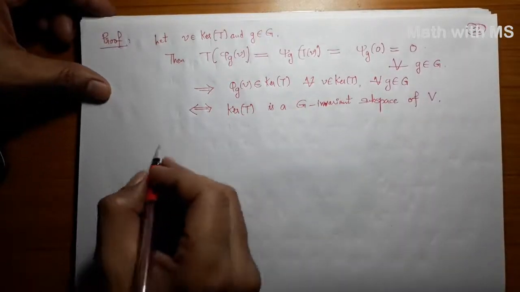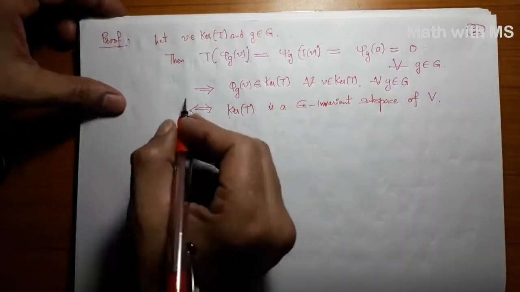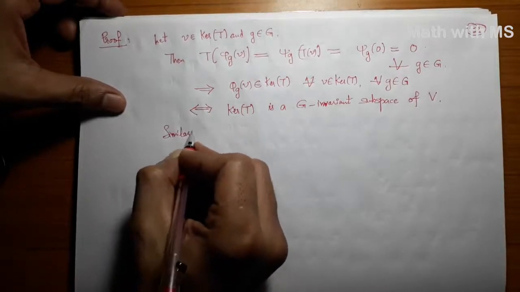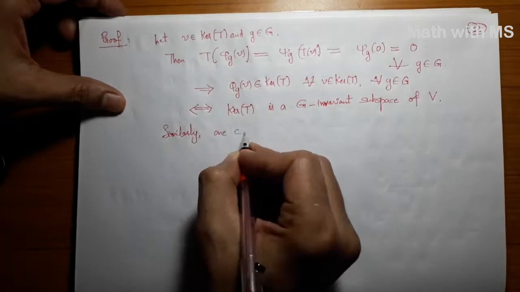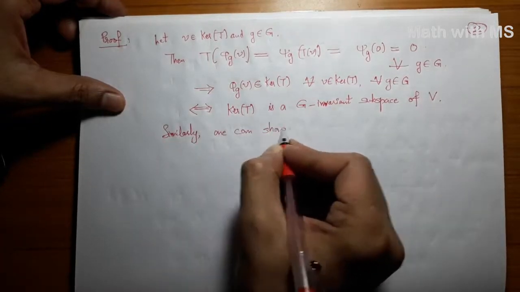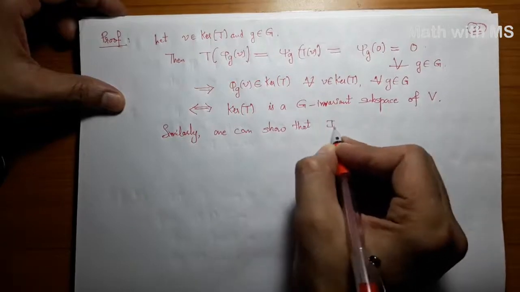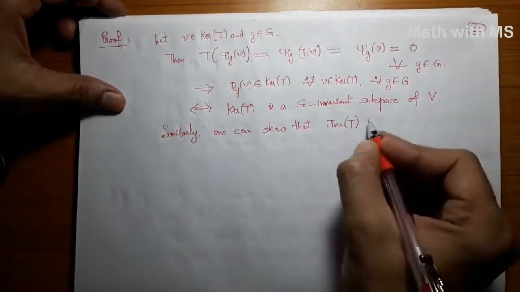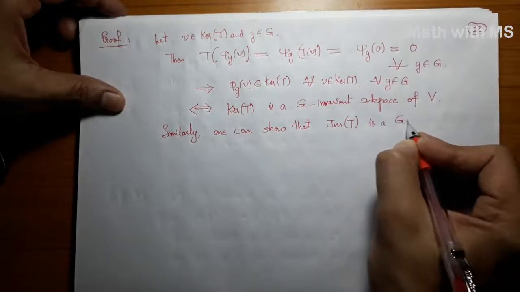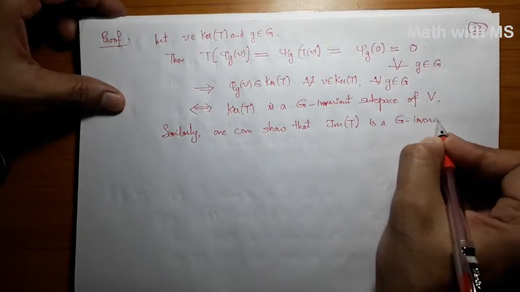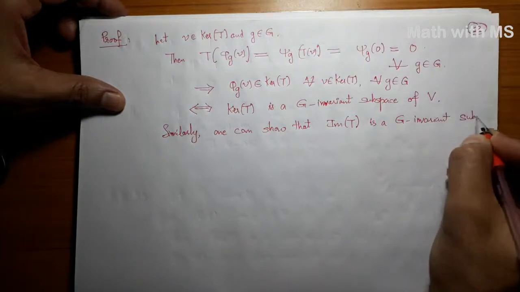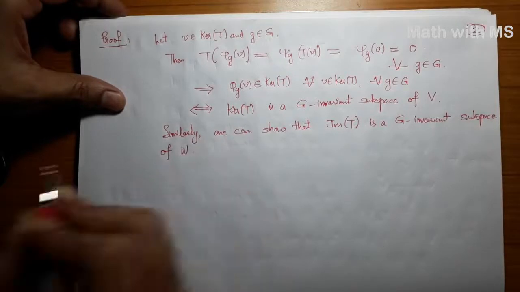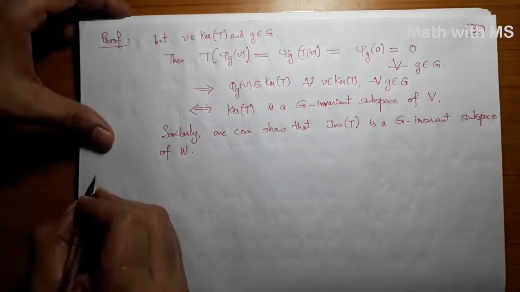Similarly, one can easily show that the image of T is G invariant, so I am not going to write it down. Similarly, one can show that the image of this morphism of representations is a G invariant subspace of the representation space W. Very simple observations.